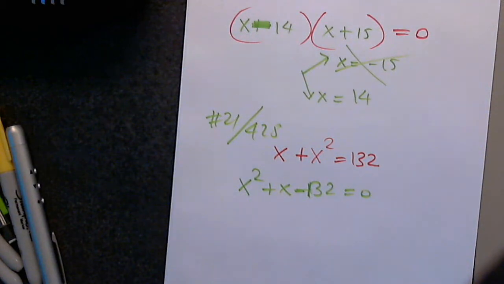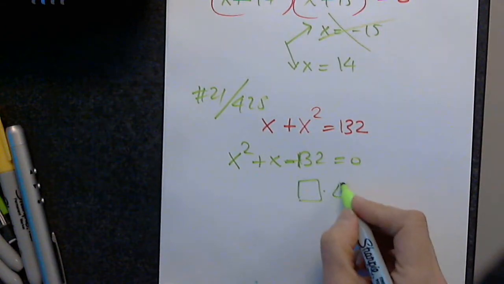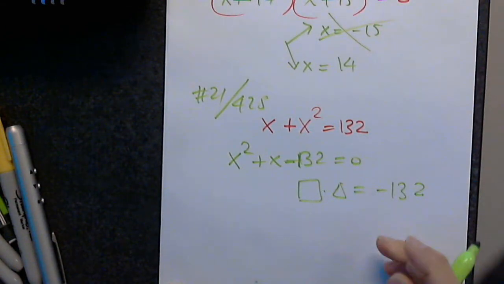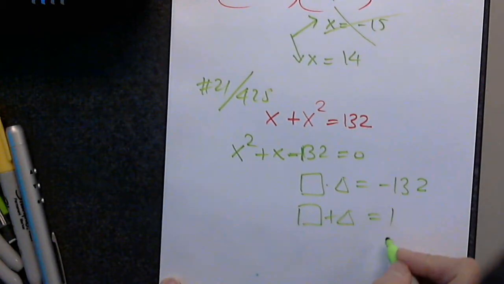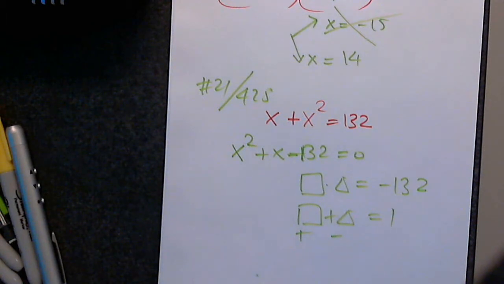But at least one is the leading coefficient. So I'm looking for two numbers whose product is negative 132, which is a big number, and whose sum is 1. So I want the positive and the negative, and they should be very close because their difference is 1. So they should be 1 unit apart.